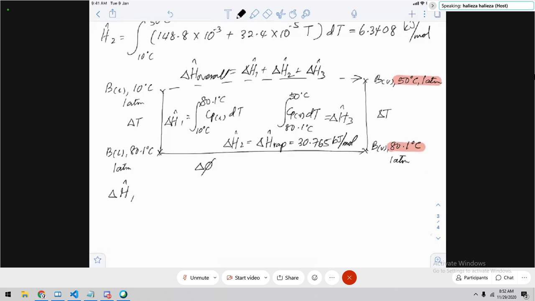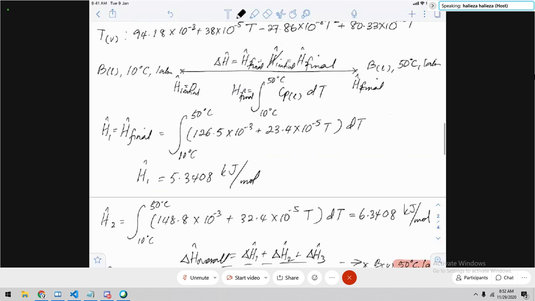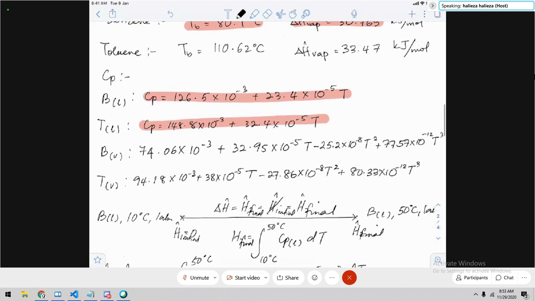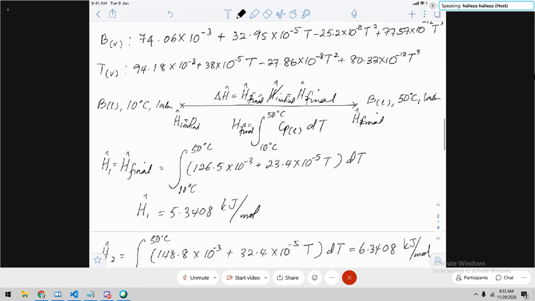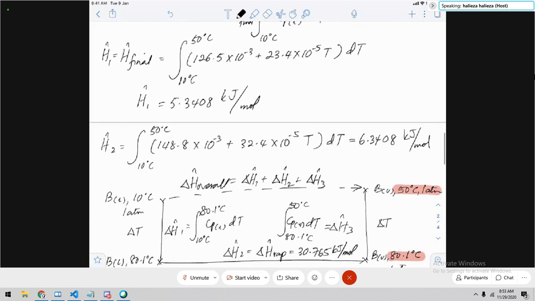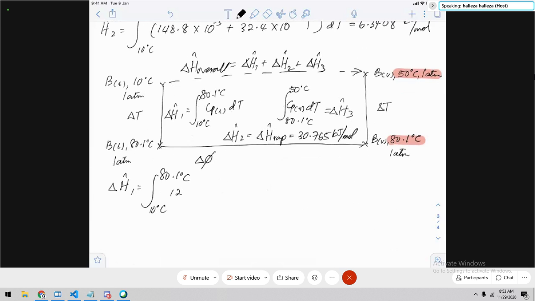Delta H1, we're going to integrate from 10 degrees C to 80.1 degrees C. We are looking at benzene, so this is the CP of liquid benzene: 126.5 times 10 to the power of negative 3 plus 23.4 times 10 to the power of minus 5 T, with respect to temperature. So what is your answer, guys?